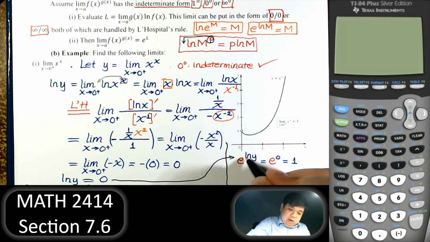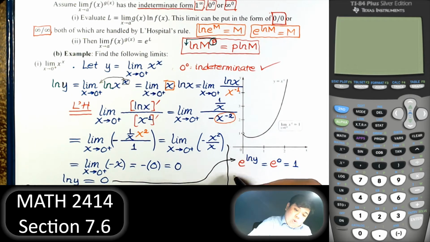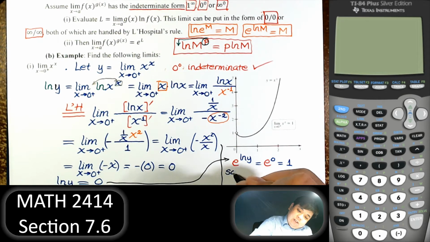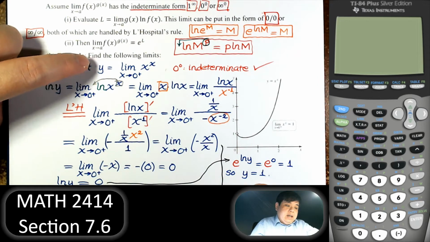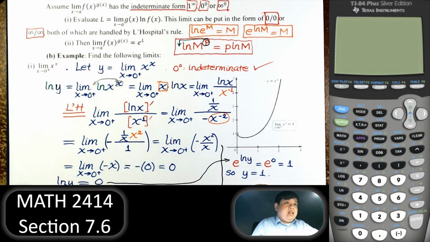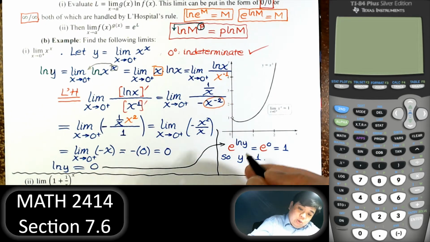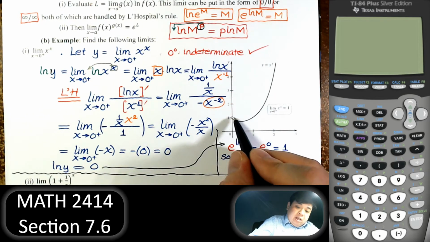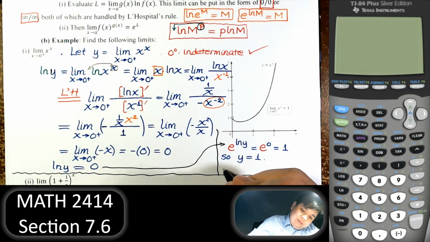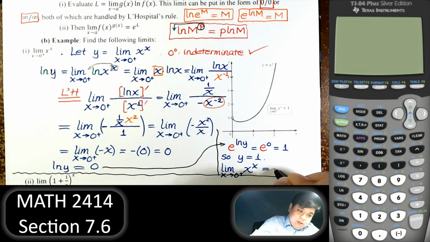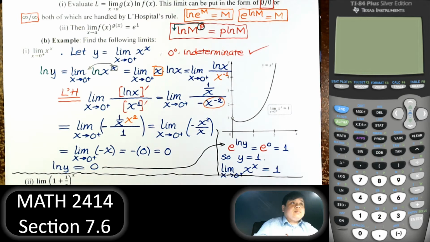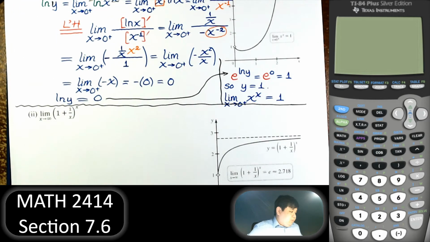And then ln and e cancel out. So y is equal to 1. And of course y is this limit, that's what we let equal to. So this is equal to 1 as we anticipated. Right, that's the first part.